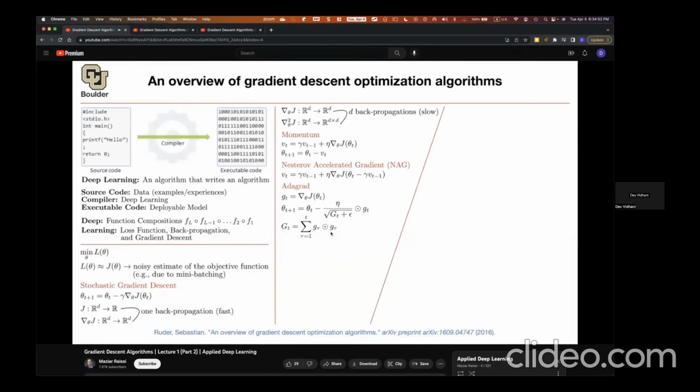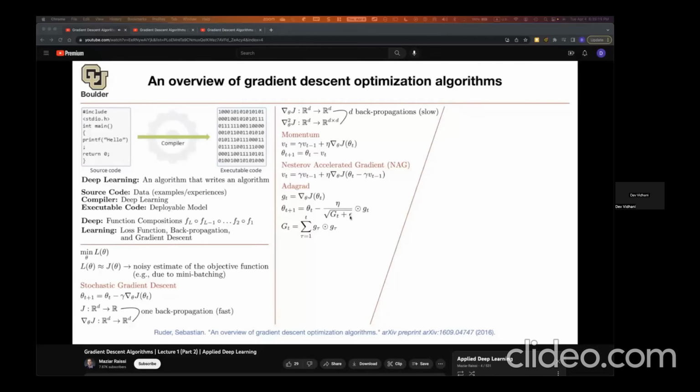But that's correct. You still need to set an initial learning rate. What is the other problem? We'd have some problems numerically when the gradient becomes really small. That's a good point. That's why you have this epsilon term here. And this epsilon is usually set to be 10 to the power negative 8 to avoid dividing by 0.